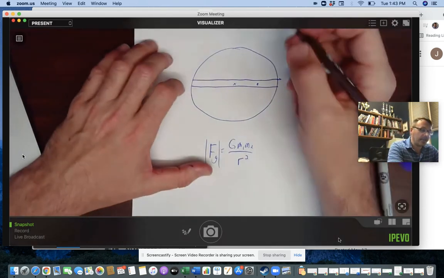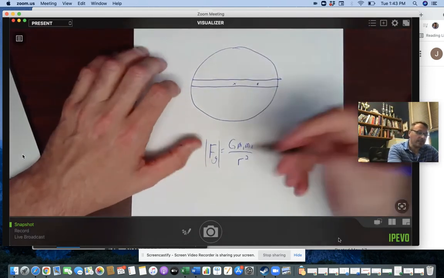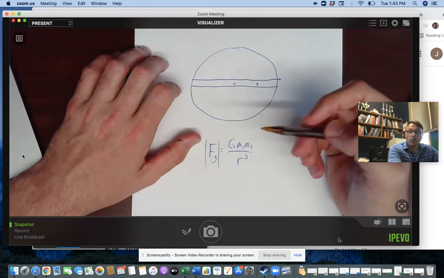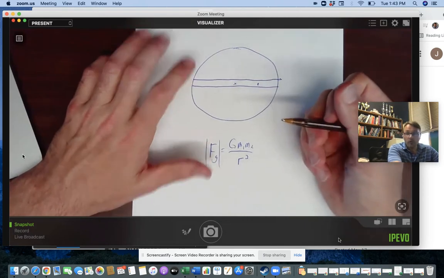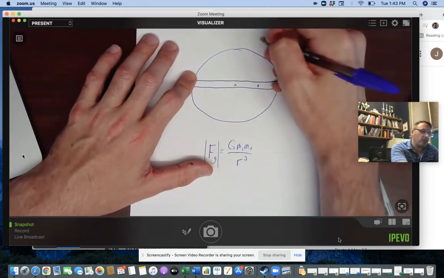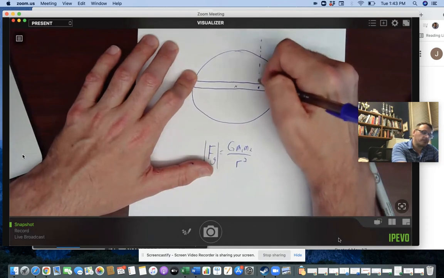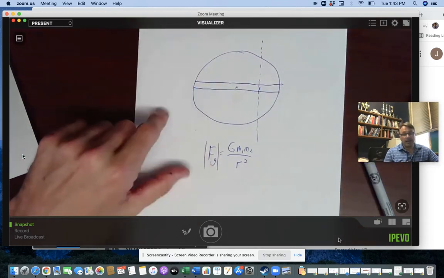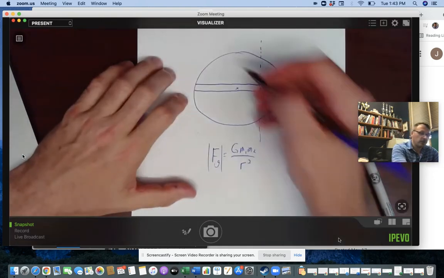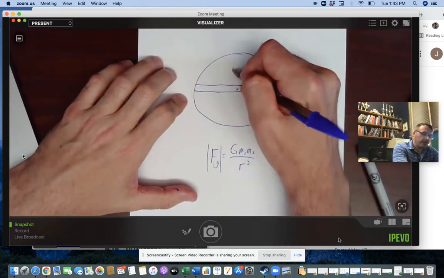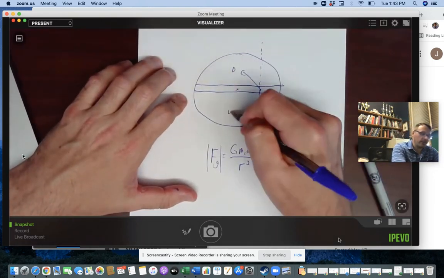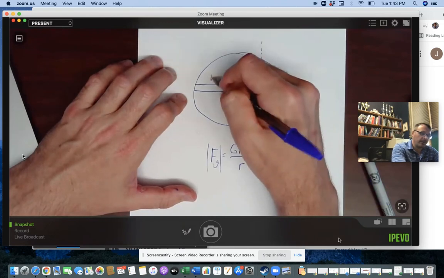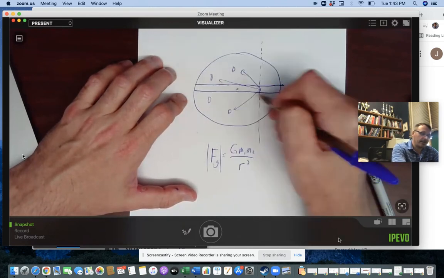Because remember when I said before that really this equation is an integral. We're adding up the contributions of all the masses that are pulling on you. If I look at this situation here, all the mass to the left of that dotted line is pulling this object inwards. So this little bit of mass is pulling it like this, this little mass is pulling it like this.